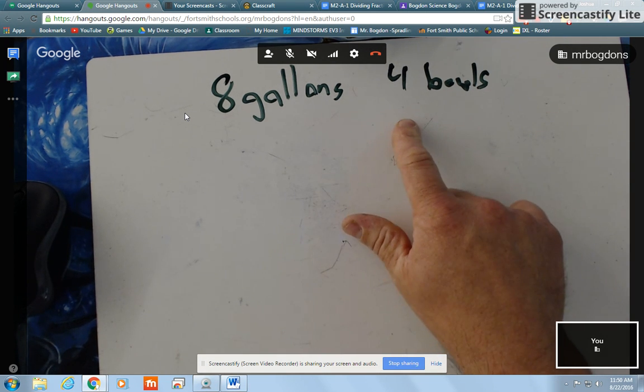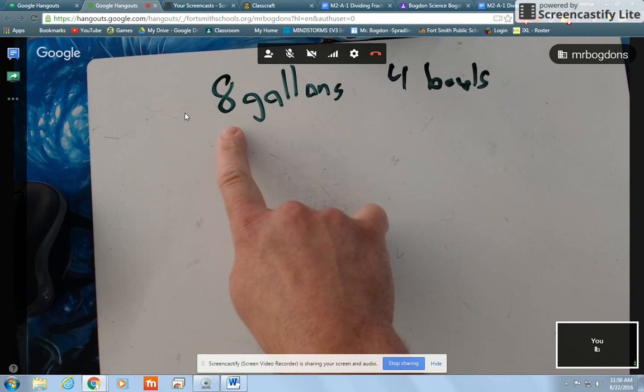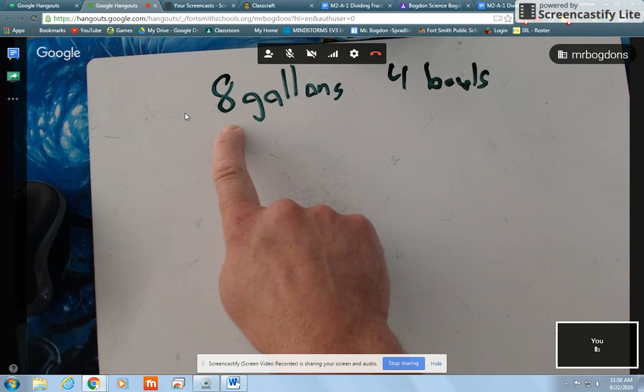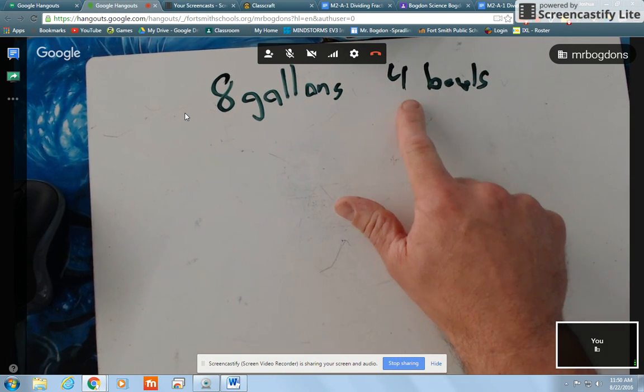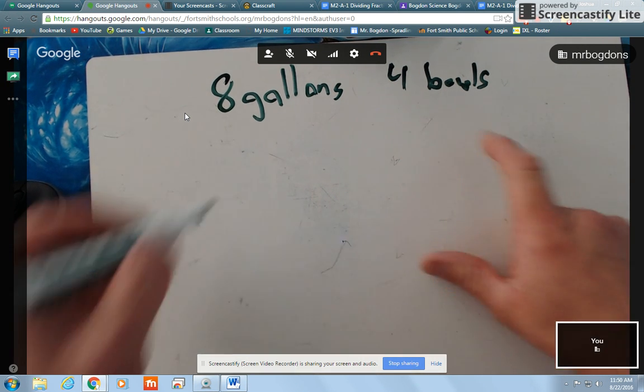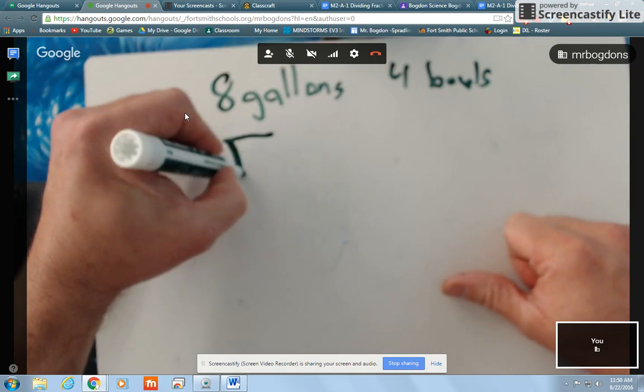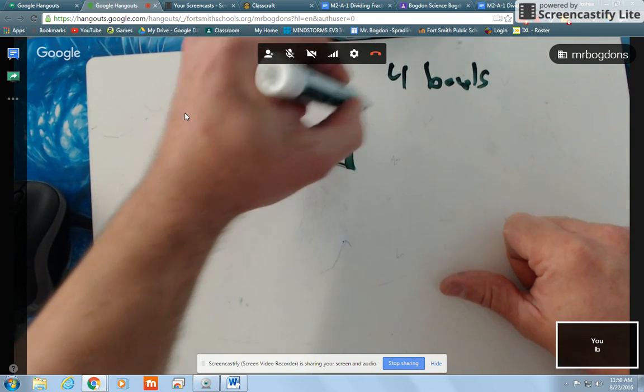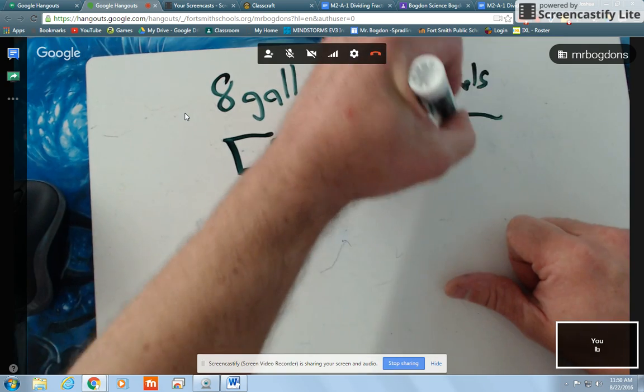Well, is each bowl getting a full 8 gallons? No, it's only getting 1/4, because how many times do I have to split it? 4 times. Yes, because I'm going to have 1, 2, 3, 4 bowls.